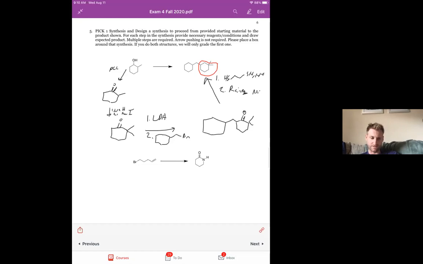All right, taking a look at this bottom one here. I think we're going to do one synthesis problem. Well, wait, did I skip the reagents page?